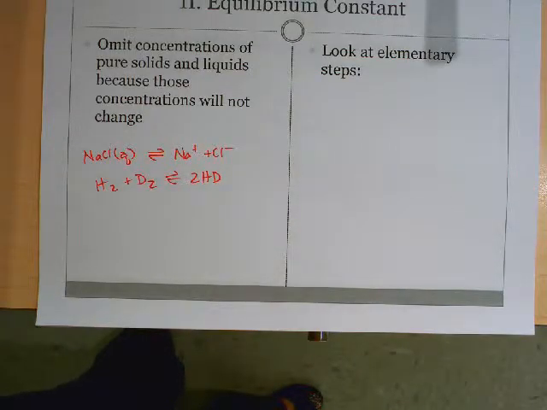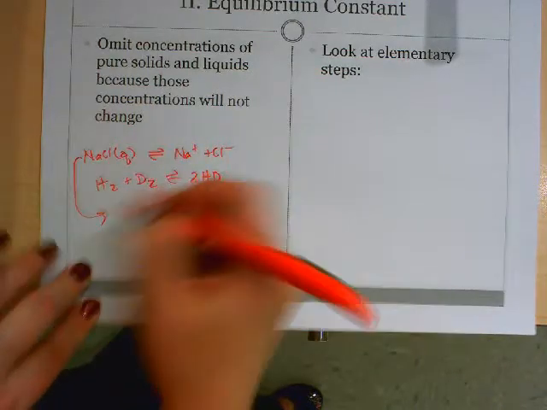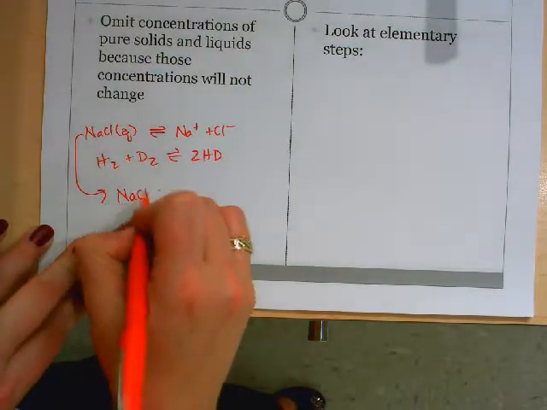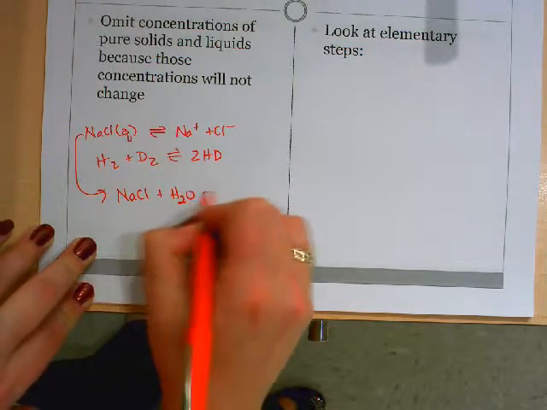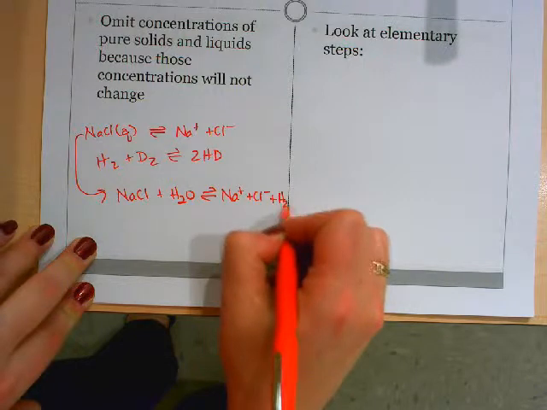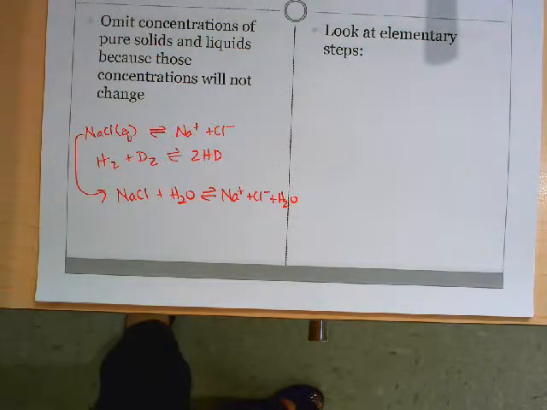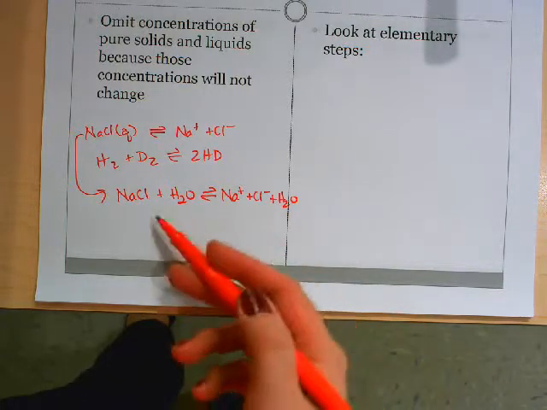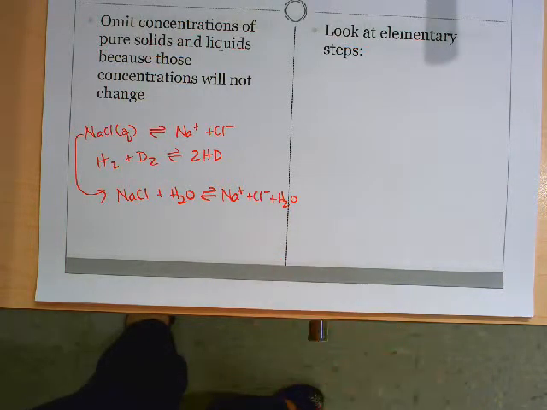We do not include concentrations of pure liquids and pure solids. When I say aqueous, I mean dissolved in water. I don't usually include the water on both sides because the amount of water is so much greater than the amount of sodium chloride I'm putting in there. The water seemingly doesn't change concentration.